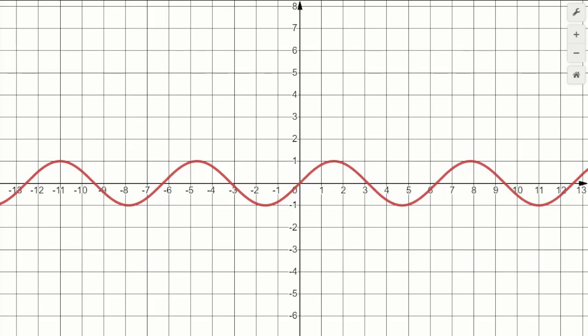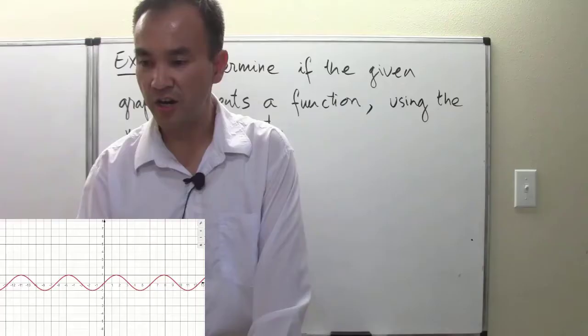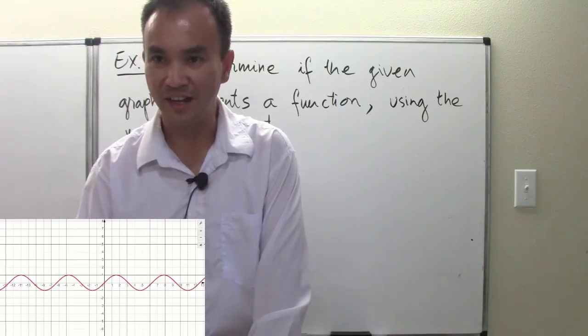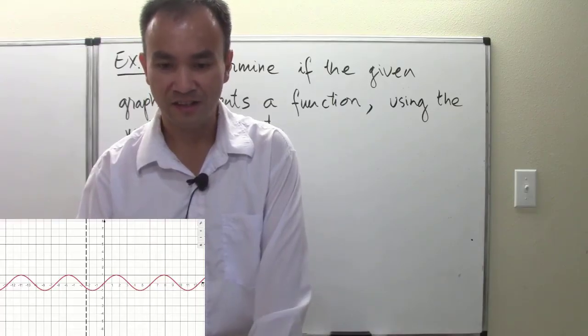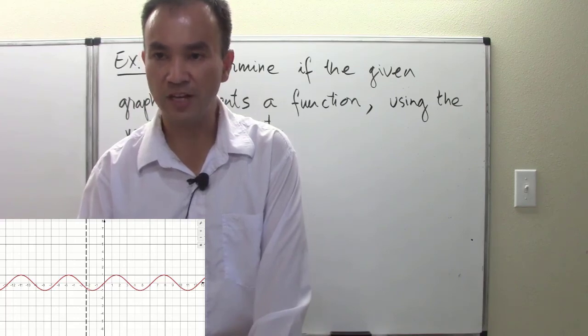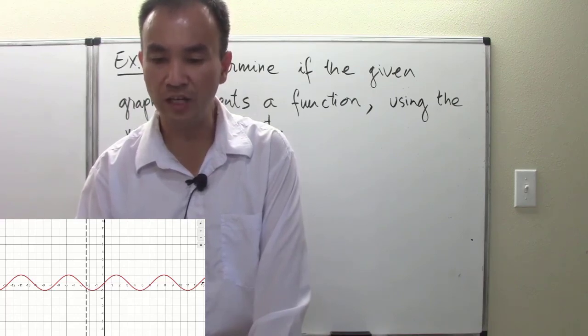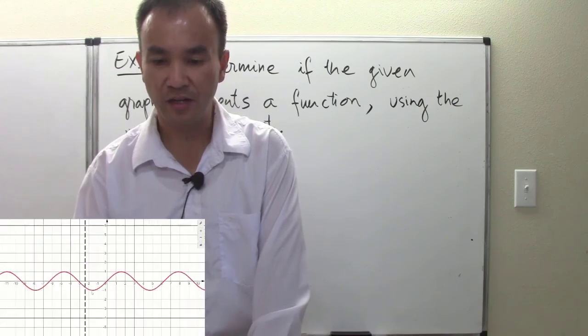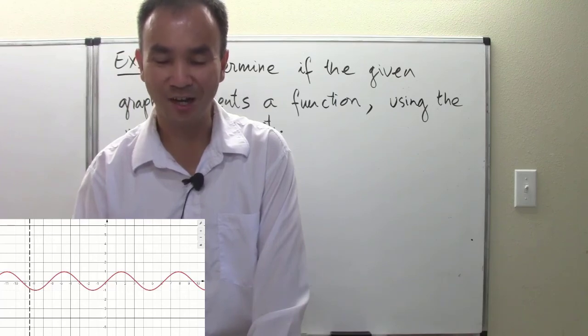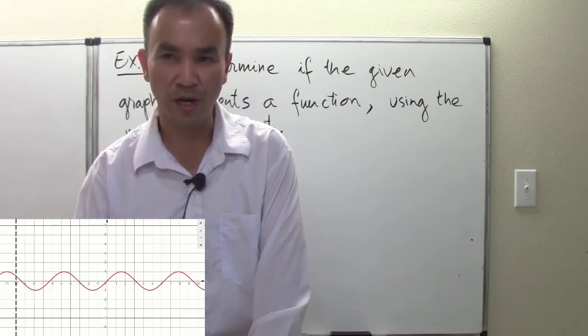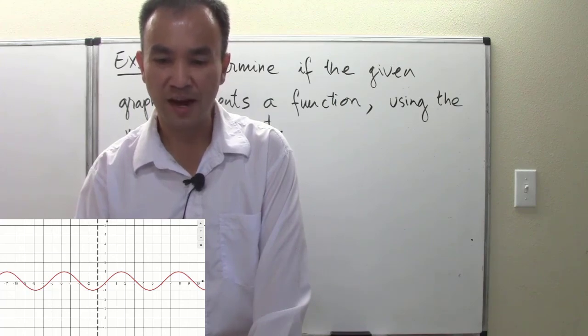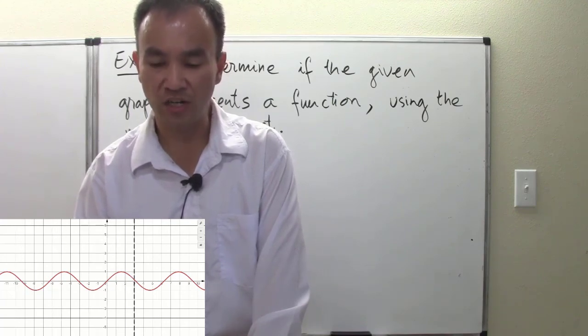So I'm going to put in a vertical line. At the initial place where I put it, it only crosses at one point. But now let's keep moving it back and forth. I'm going to move it to the left, and anywhere my vertical line goes, it only passes the graph at only one point. Then moving it back to the right-hand side, anywhere my vertical line goes.